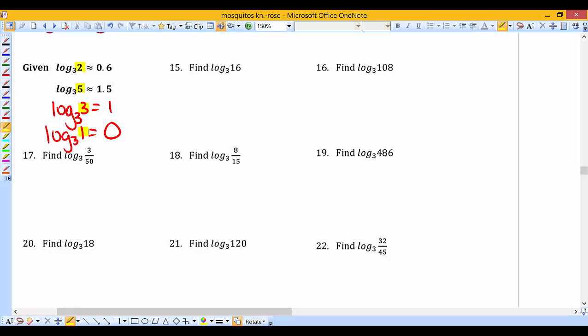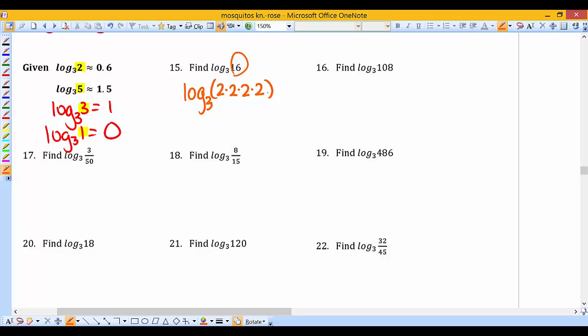Sometimes you're going to have to break them down a little bit more than what you're seeing. For example, 16, I would write this as 2 times 2 times 2 times 2. So that would give me log 2 plus log 2 plus log 2 plus log 2.